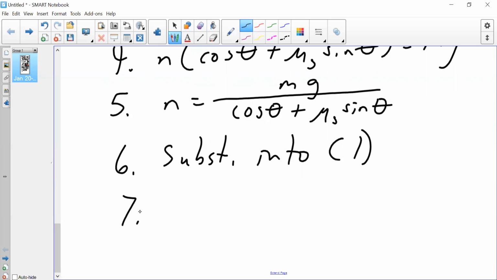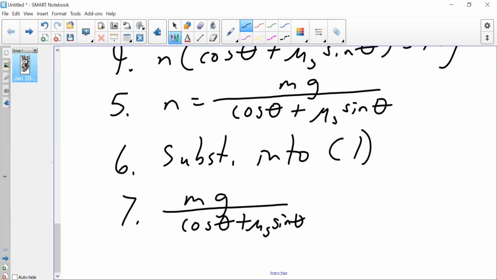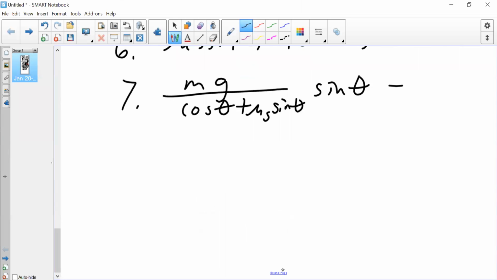And so where it was n sine theta, it's now going to become mg over that times sine theta. And mu s n cosine theta is going to be mu s, the n expression times cosine theta. So I'm going to do this here and extend down.